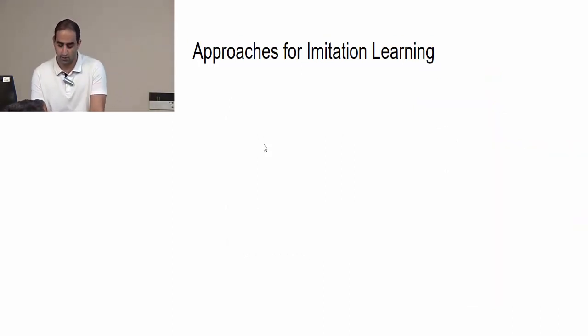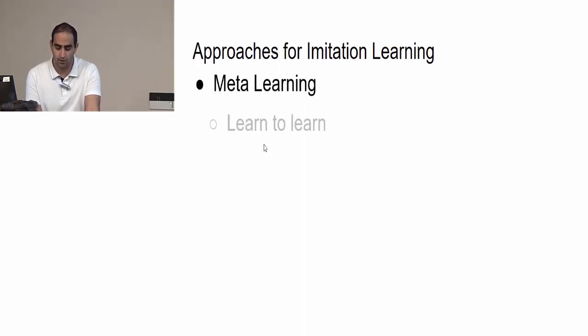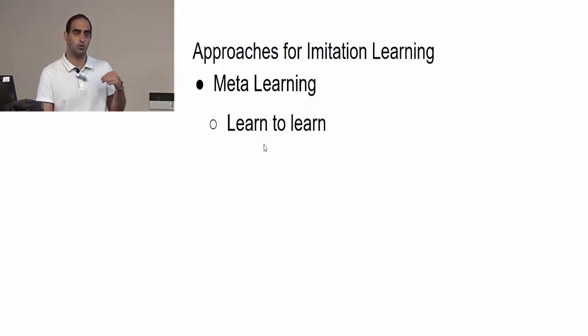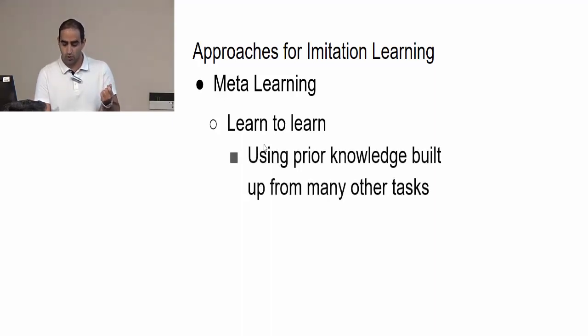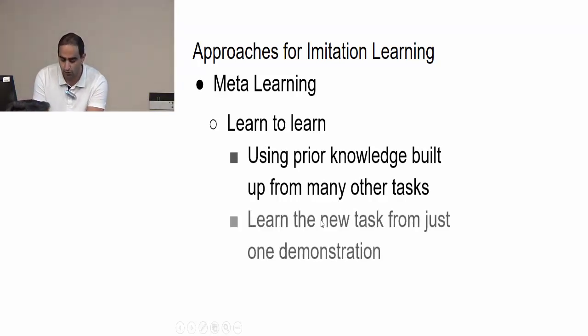Another approach is meta-learning. The idea of meta-learning is to learn to learn new settings. By using prior knowledge built up from many other tasks, we want to look at a new task and learn it from just one demonstration.